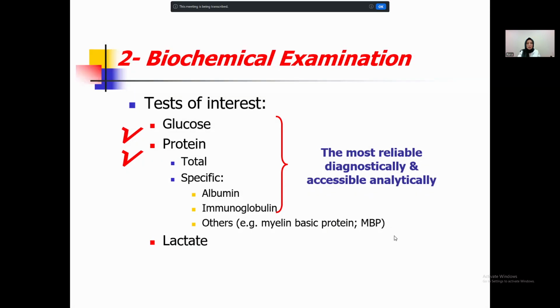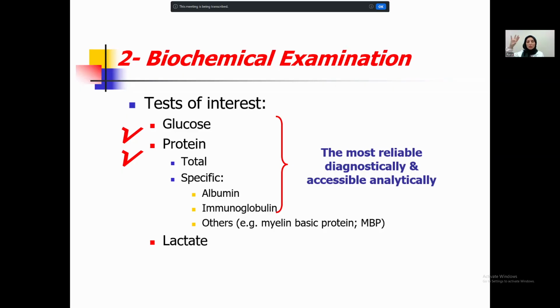Now we'll start talking about biochemical examination, which is what we'll concentrate on today. There's also microbiology, which I think will be covered by the microbiology course, and there is also cytology, but I will touch on it a little bit to complete the picture of meningitis. In the biochemistry lab we measure glucose and protein. In microbiology they do cultures.